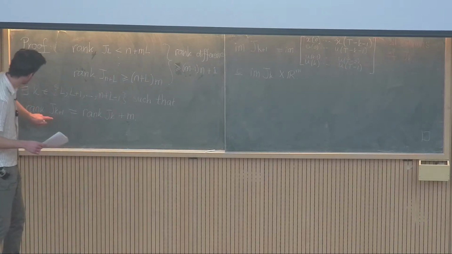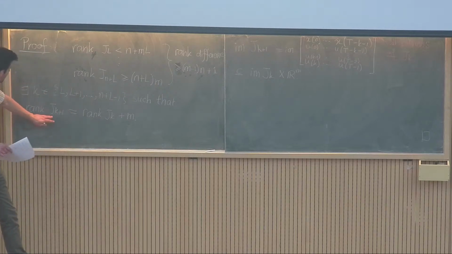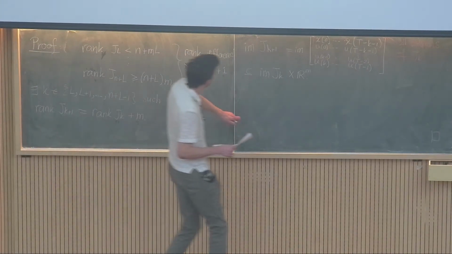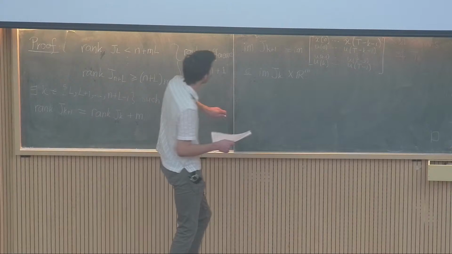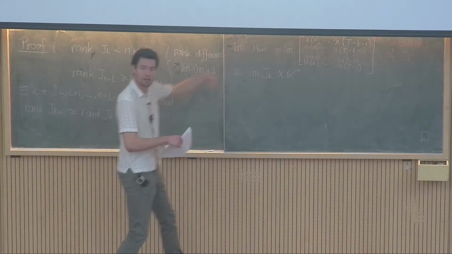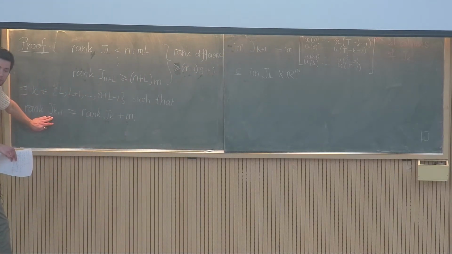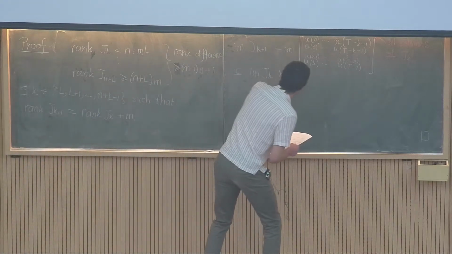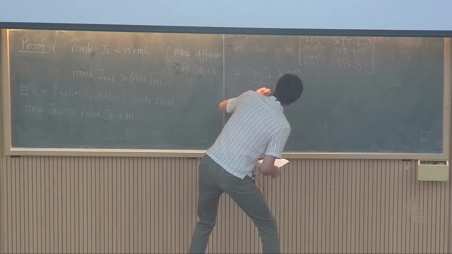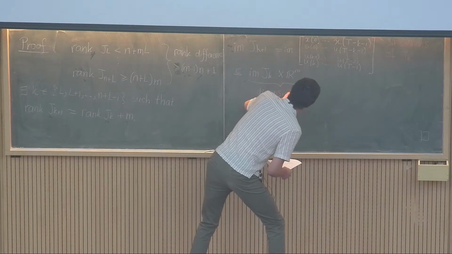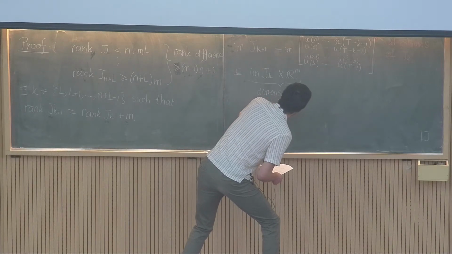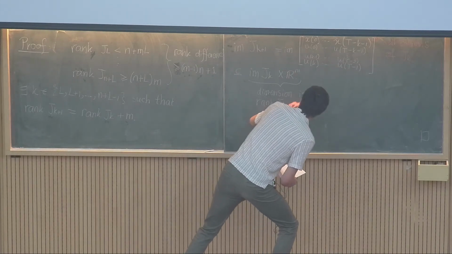But we also know something about the relation between the ranks of J_{k+1} and the rank of J_k. So let's have a look at the dimensions of the subspaces that we see over here. The dimension of the subspace over here, the image of J_{k+1}, is obviously equal to the rank of J_{k+1}. Well, what is the dimension of the subspace that we see here on the right? Well, the dimension is just the rank of J_k plus the dimension of R^m, which is m.